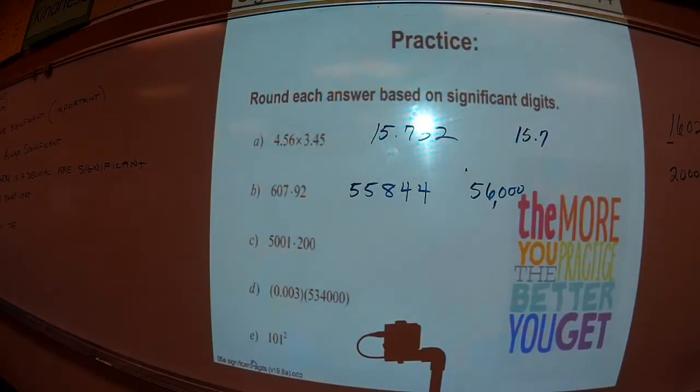Look at your calculator. Now you're showing me 5 sig figs and it only wants 3. You lost the zeros there. Right? So 1 0 2 0 0.